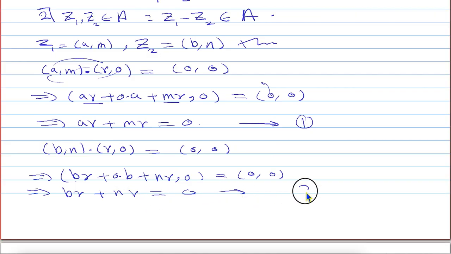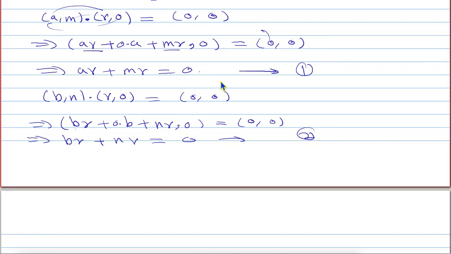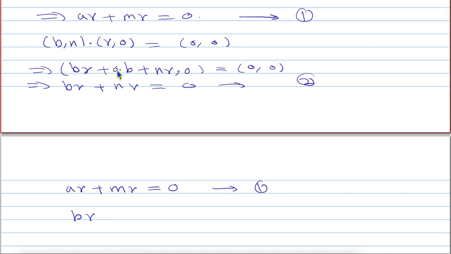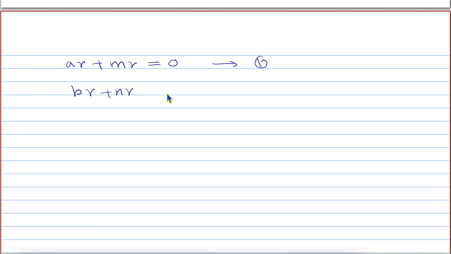So this is equation 2. Let me take these two equations: 1, Ar plus Mr equals 0, and 2, Br plus Nr equals 0.